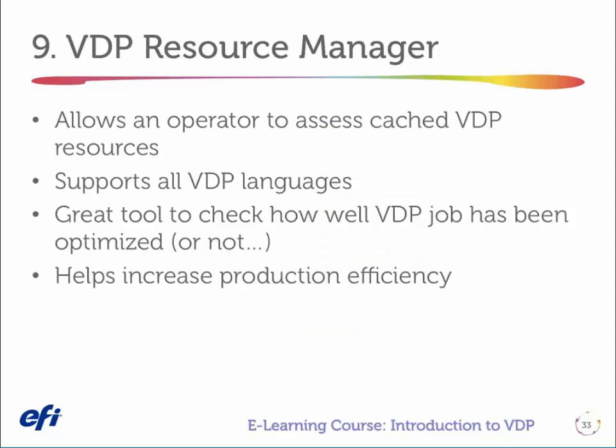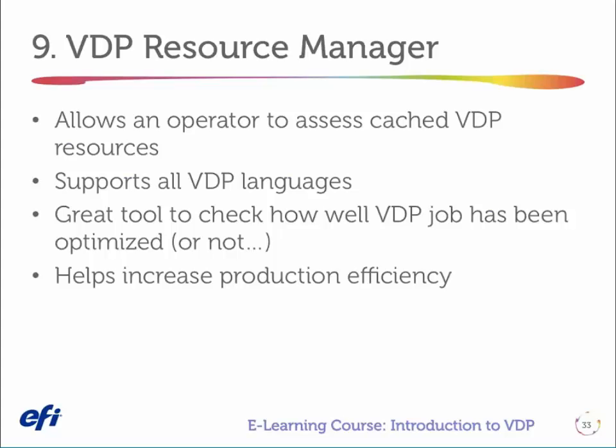As Jeremy mentioned earlier during this presentation, the ability to process and cache VDP resources has allowed them to significantly increase performance. For our 9th feature on the list, we would like to introduce the Fiery VDP Resource Manager. It shows the operator all the resources that the Fiery has cached so that they can, depending on the configuration of the VDP job, be reused for other jobs.